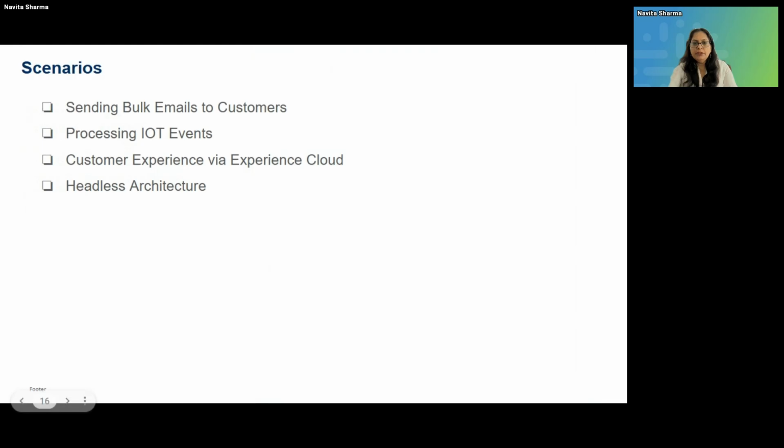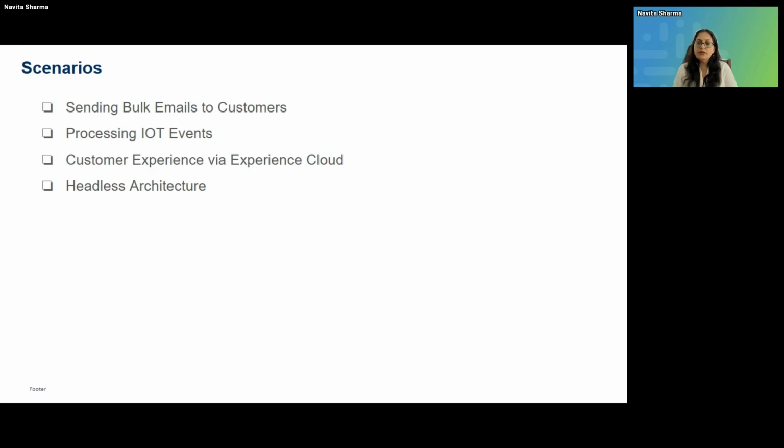So again, 3-4 scenarios I would want to talk about. This is again based on the experience that I have. For example, sending bulk emails to customers. This is again a common scenario. Customers don't have Marketing Cloud. They say that I want to send emails from Salesforce to external users.